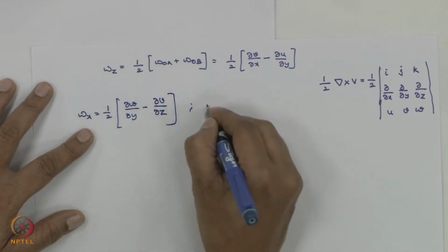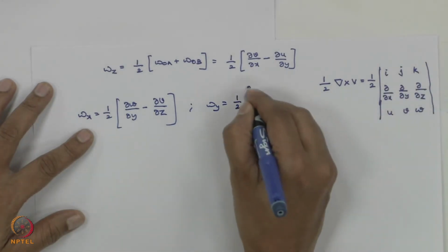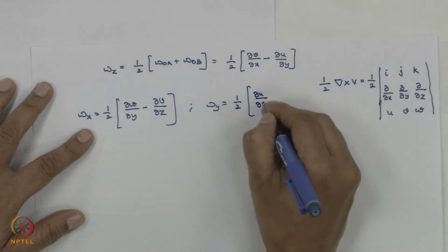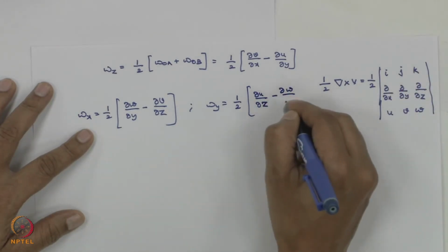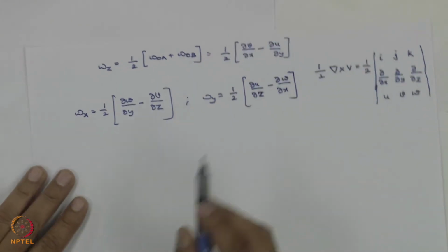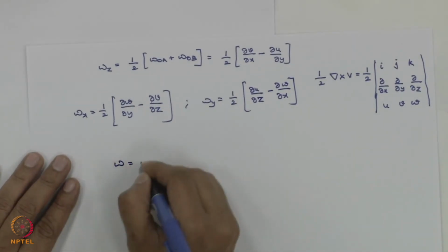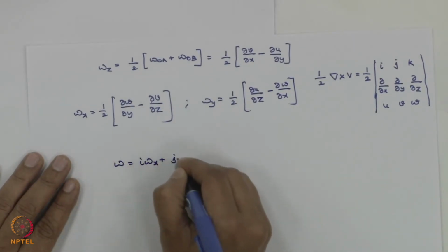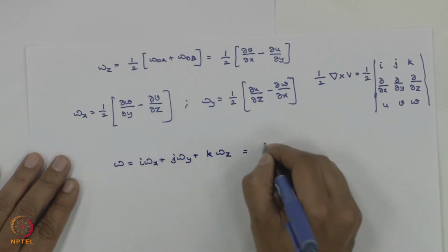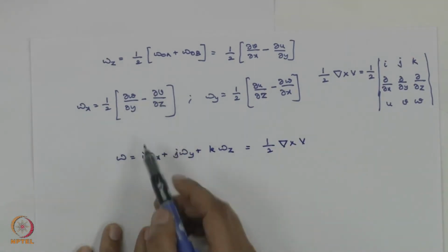And similarly, ω_y is equal to half of ∂u/∂z minus ∂w/∂x. So this is the physical understanding. If we say that ω is equal to i ω_x plus j ω_y plus k ω_z, it is equal to half of del cross V.